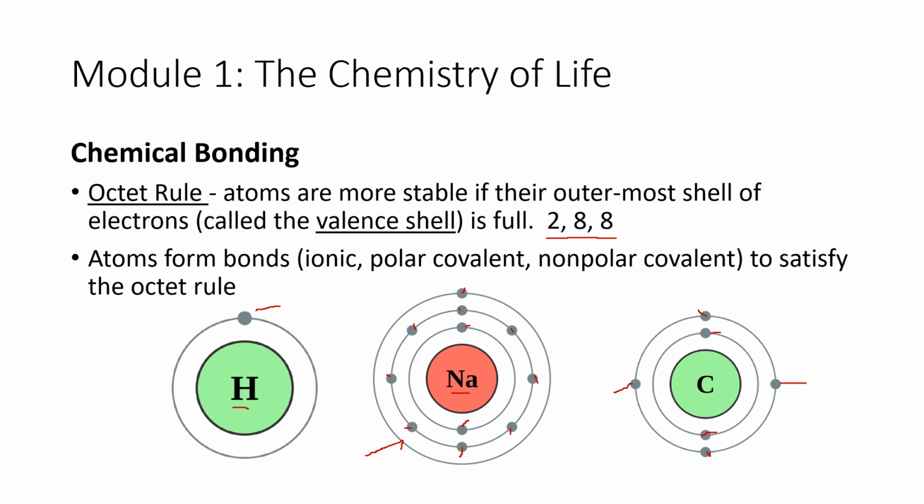And for every shell except the first shell, that is 8. That's why it's called the octet rule. Atoms form bonds based on fulfilling this octet rule. It may be an ionic bond, a polar covalent bond, or a nonpolar covalent bond. And we're going to look at each of these bond types.